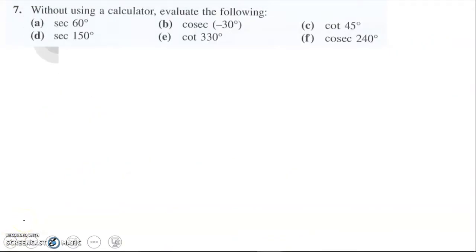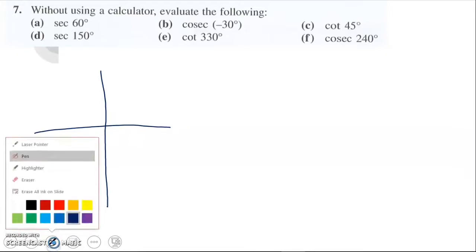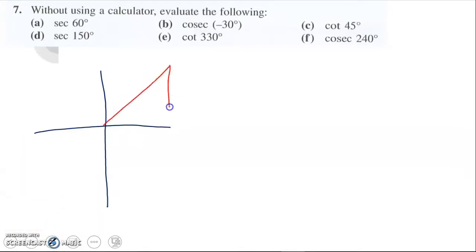Alright, number 7, last one. So without using a calculator, evaluate the following. First one we're going to do is secant 60 degrees. So again, I would encourage you to start developing your diagram so you can have in this case a 30, 60, 90.